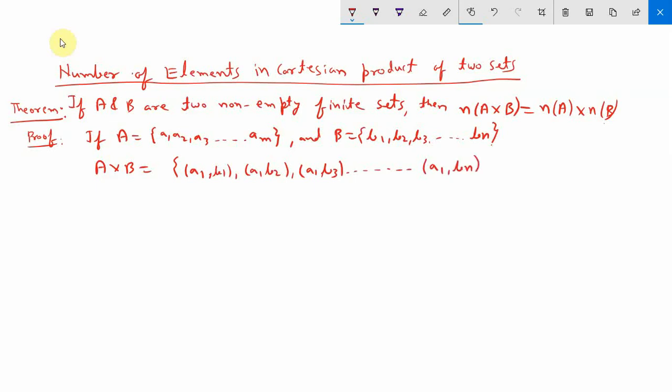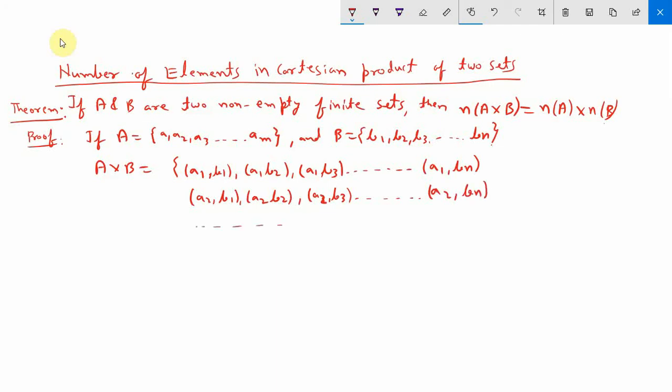Okay. Next we will take a2. So (a2, b1), (a2, b2), (a2, b3), and so on. Last ordered pair with a2 will be (a2, bn). Okay.